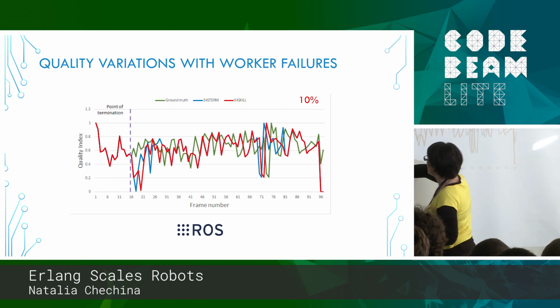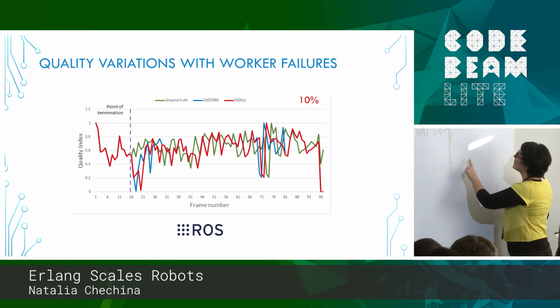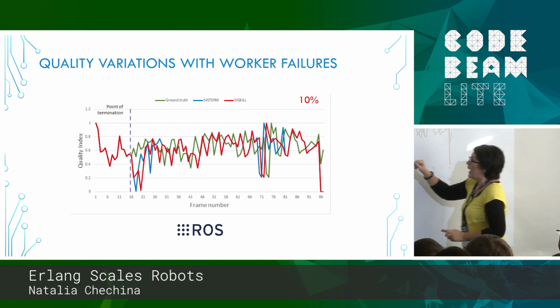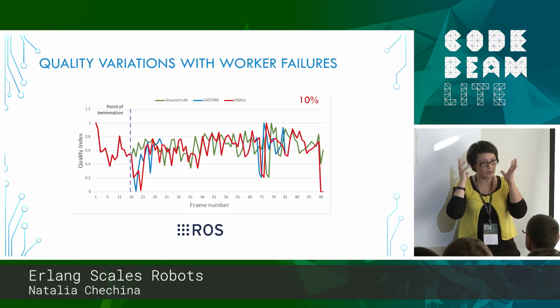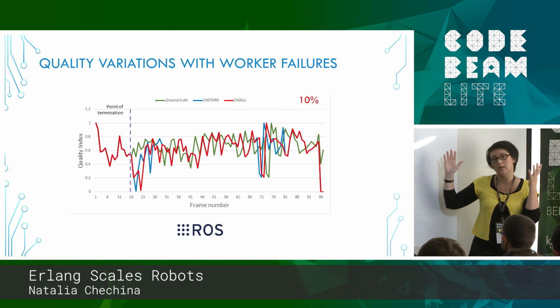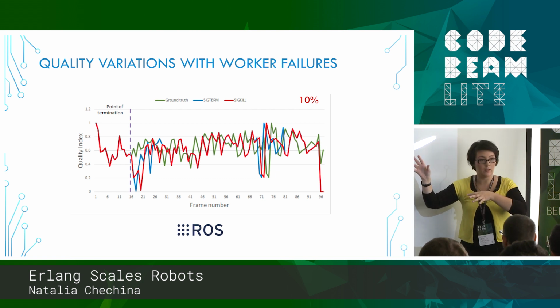This is the quality index, and this is the number of frames. We had up to around 100 frames. The green one is the one running without failures: we pre-recorded the face, and we knew the number of frames, and now we want to start killing the nodes.